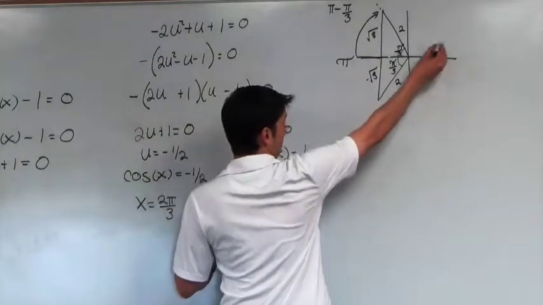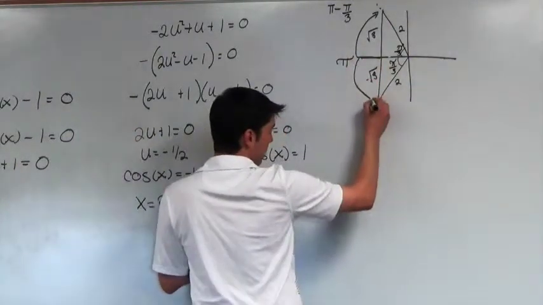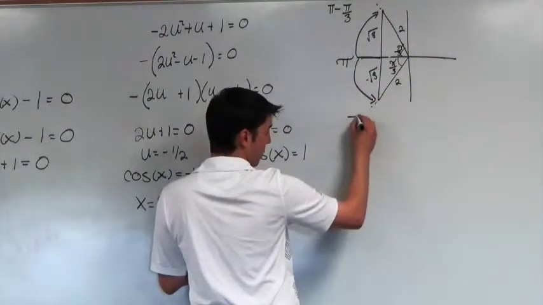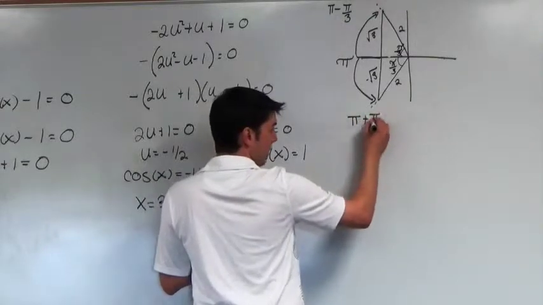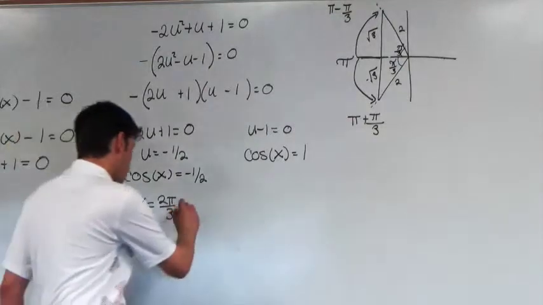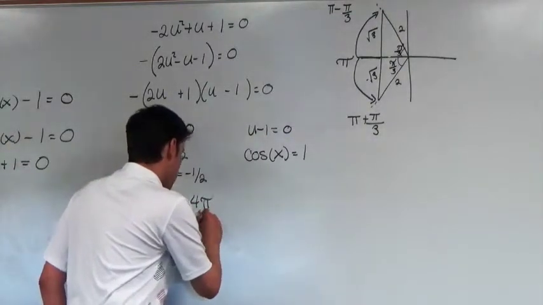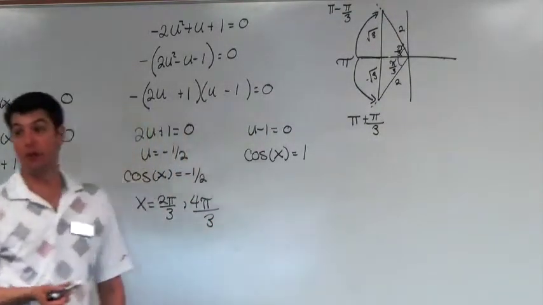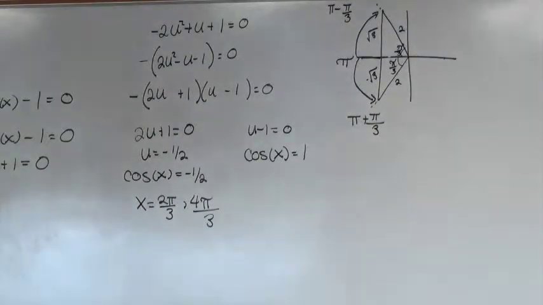Starting here, go around to pi, and then keep going by another pi over 3. That would give you an angle of pi plus pi over 3, 4 pi over 3.